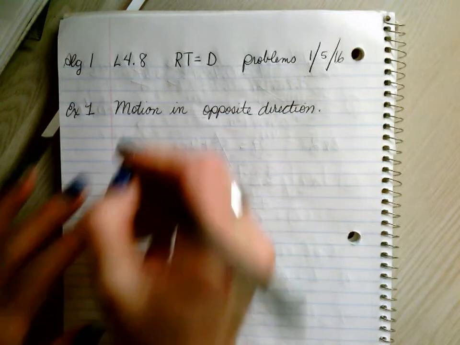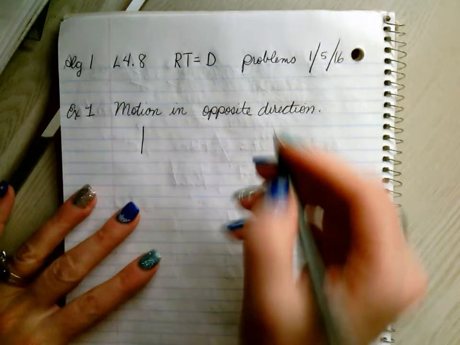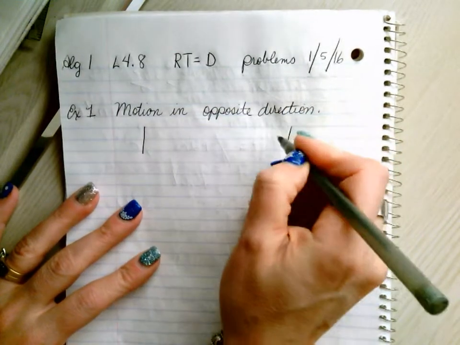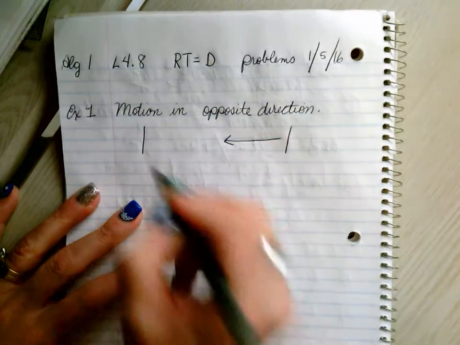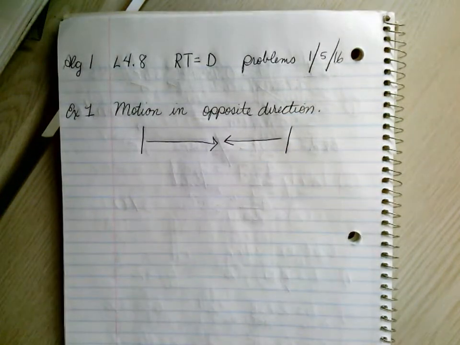So it could be a scenario where you leave your house and your friend leaves his house and you meet at a certain location, right? That's opposite direction.